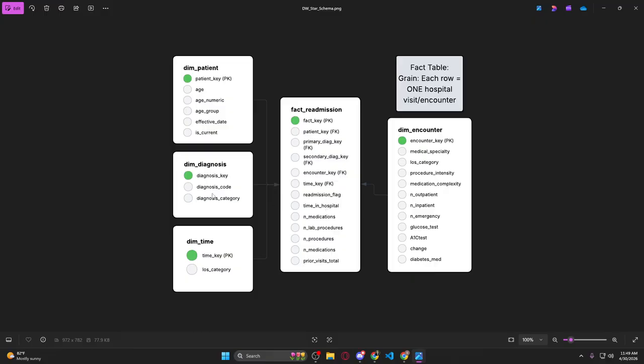Same thing with diagnosis. There were 8 different codes, 8 different categories. Patient was more so about the person themselves. What age group do they fall in? What was their age numerically? Age numeric was more so the midpoint, I believe, that the patient fell under.